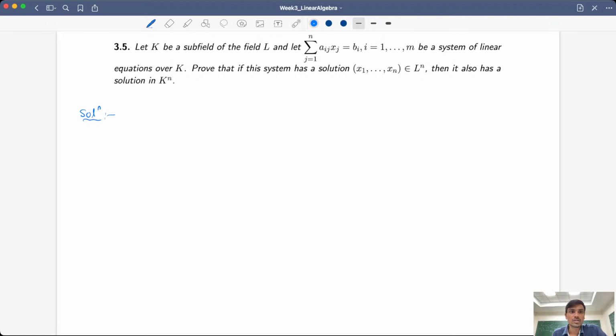Okay, then let me give a little hint for this problem. Suppose you have a system of equations over a field K, where all the a_ij and b_i belong to K, and K is a subfield of another field L. If in the bigger field L you have a solution of this system, then in the smaller field you also have a solution.